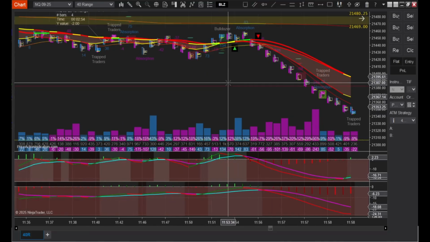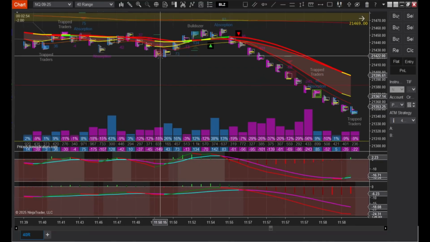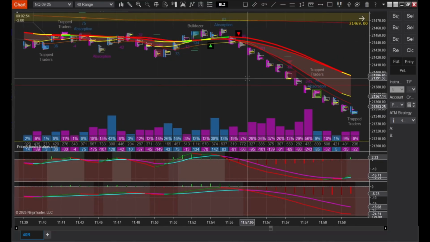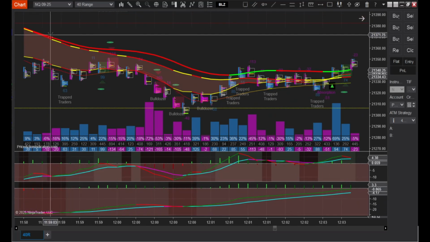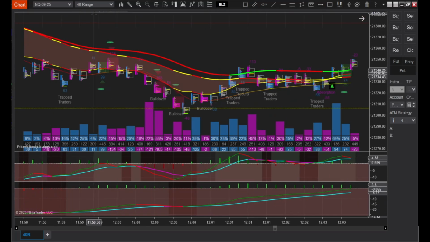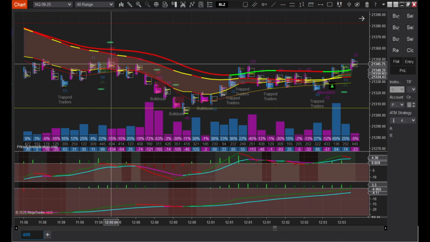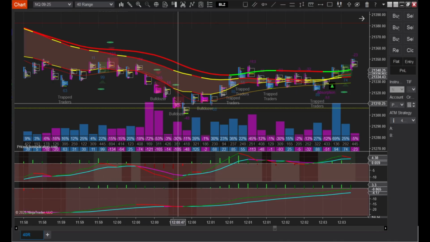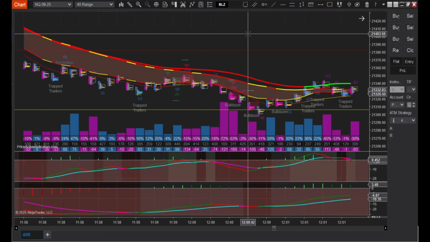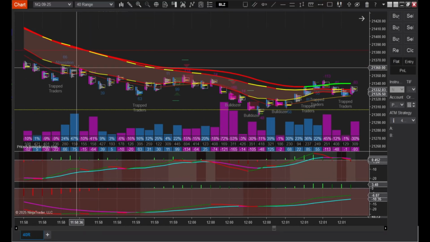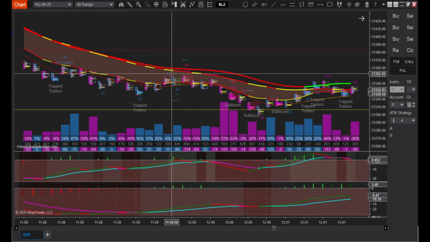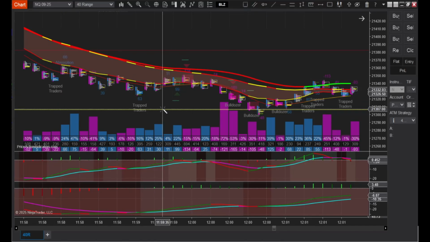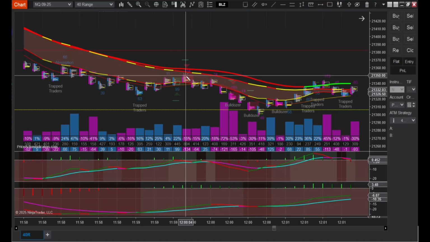We got a surge here on the way down. It pulled way up, so probably wouldn't have gone for that one. Surge here to the entry. And you had absorption here. So you had absorption, then you had a surge on the downtrend, we're not looking for the upsurges.